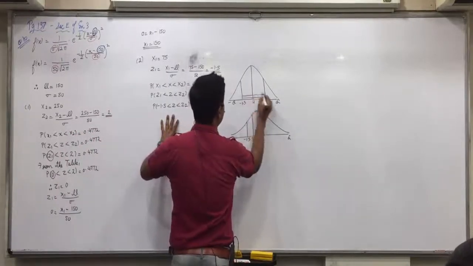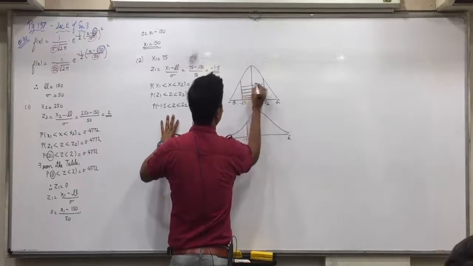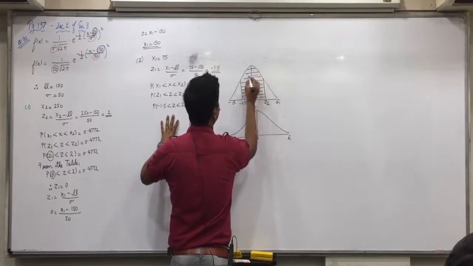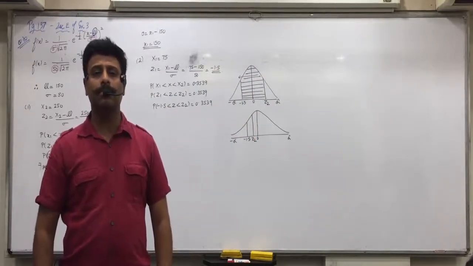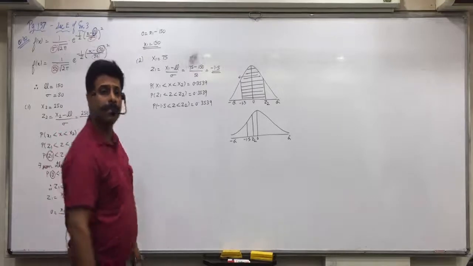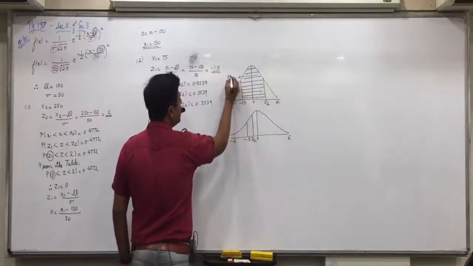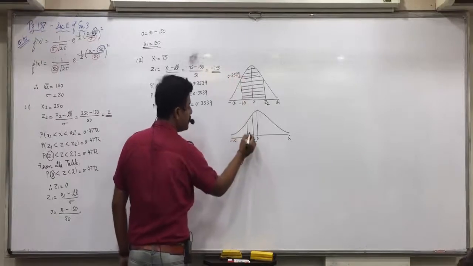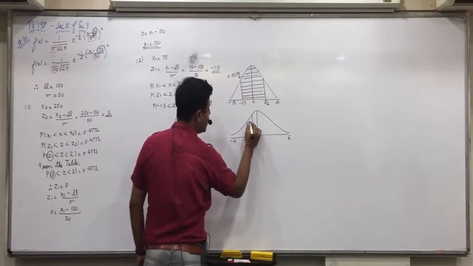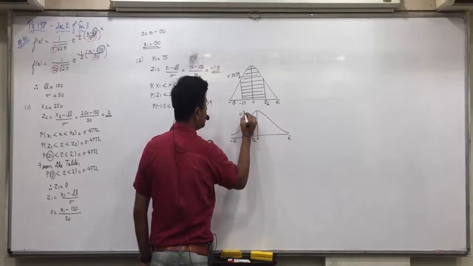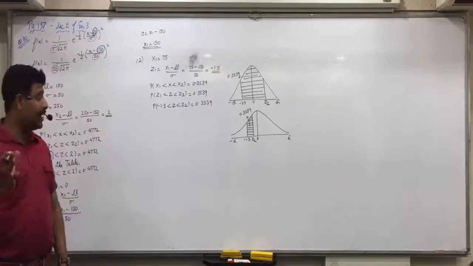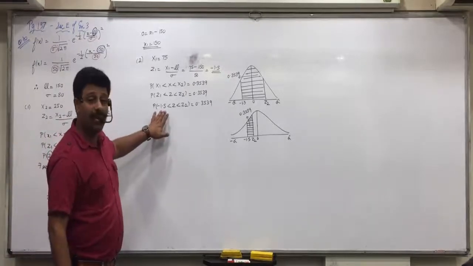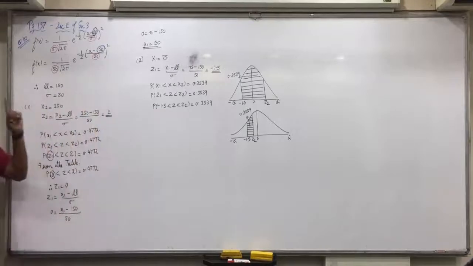This area is given 0.3539, and here between minus 1.5 and Z2, this area is given 0.3539. We can decide the correctness of the diagram only after finding the value for 1.5. This I gave in homework in section D.